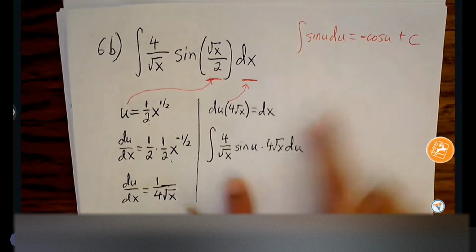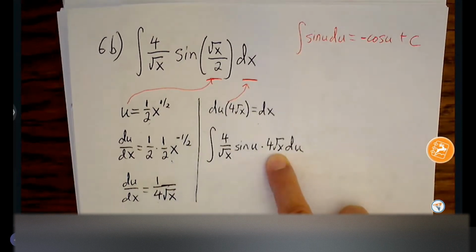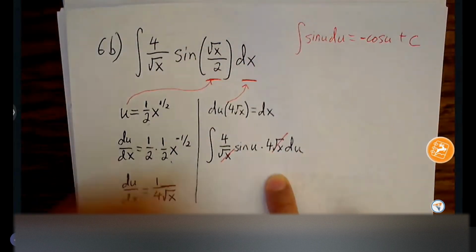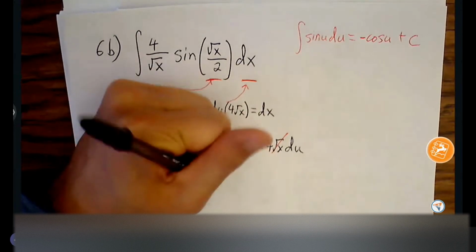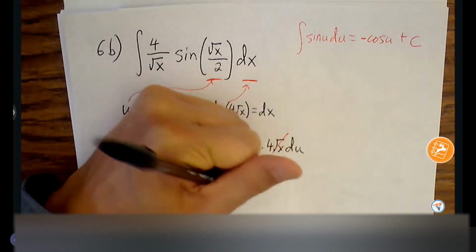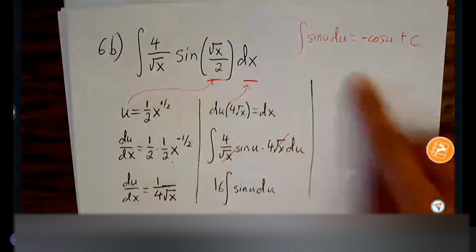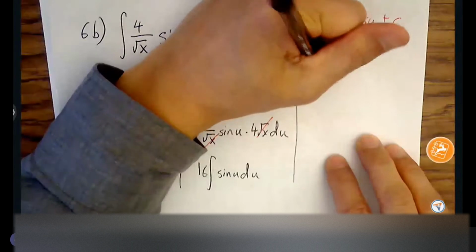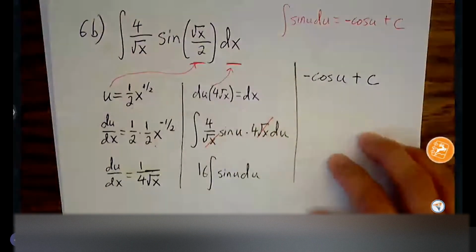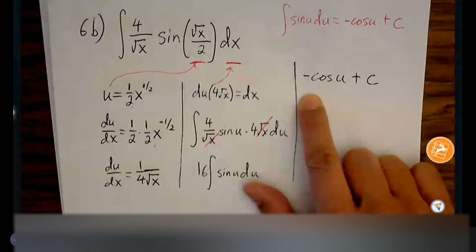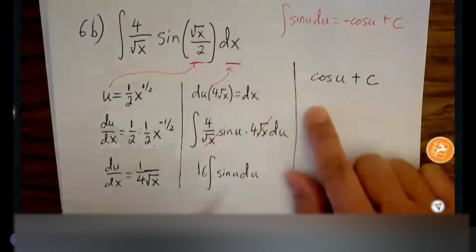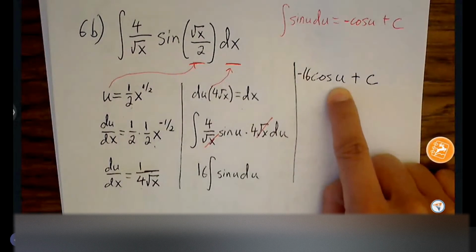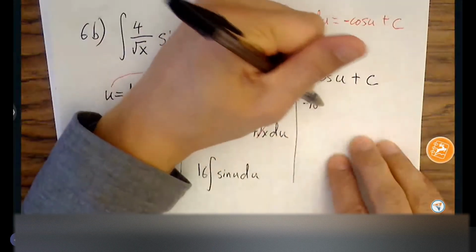We need to get here, and thankfully, our x's do cancel out. Push the 16 out in front, 4 times 4. Perfect match. Now we can apply our rule. Oops, negative 16. One more step. Our u is a temporary variable. Let's bring our u back in terms of x.